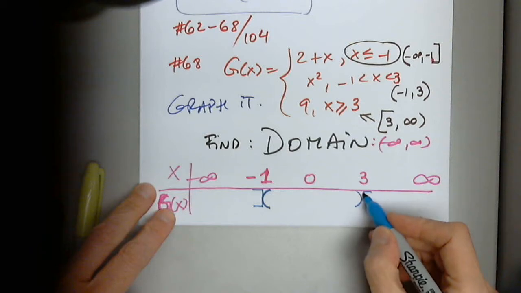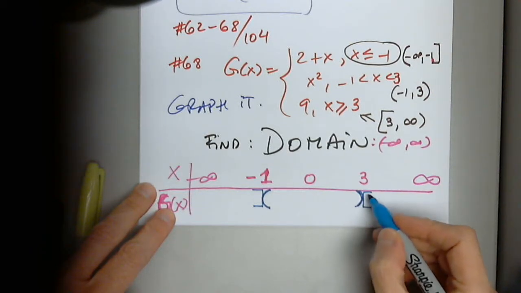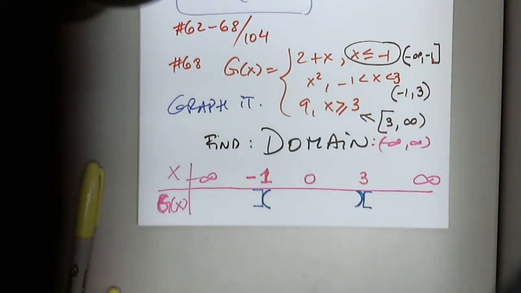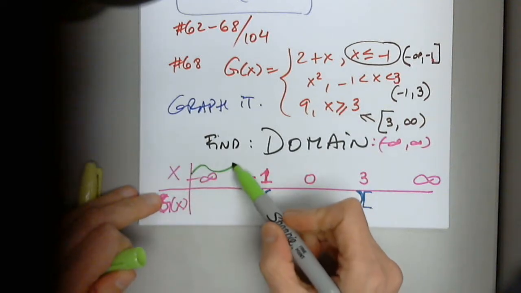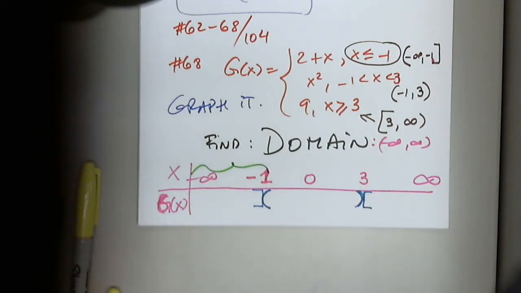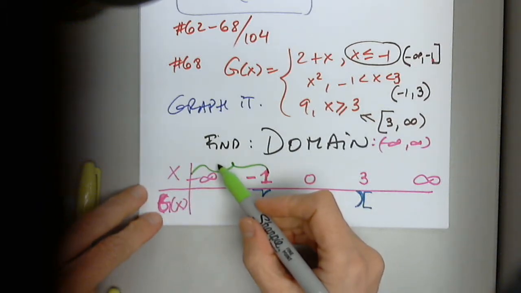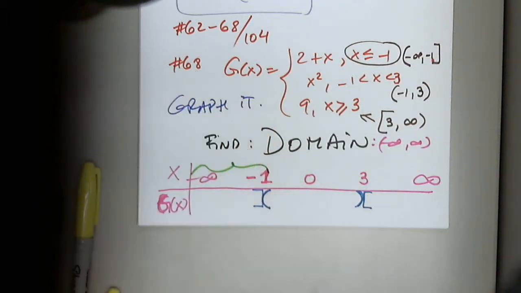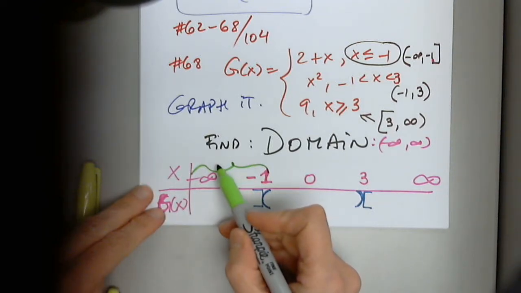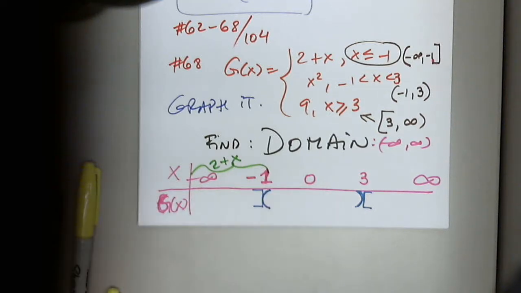Yes. Again, if you're asking yourselves why I'm doing this, just wait for 1 more minute and you'll have the answer. I'm going to ask something that is an overkill now. Can you please tell me which function we have to use for x values between negative infinity and negative 1? And there is only one function. Which one? You have it right here in front of you. True. I want it right there on top of the table, though. 2 plus x. Do you all see 2 plus x?